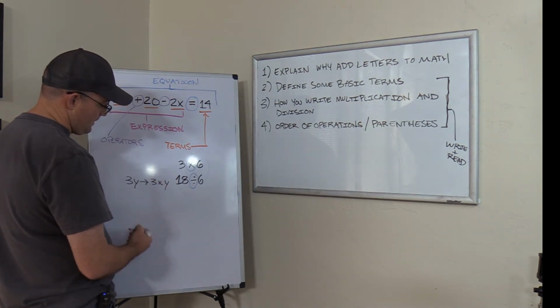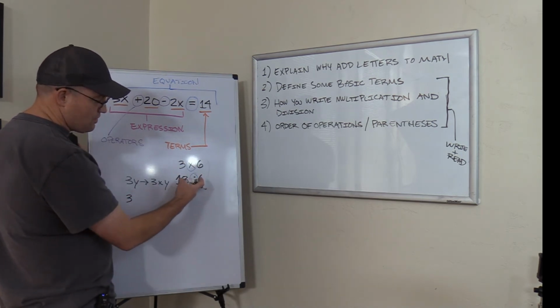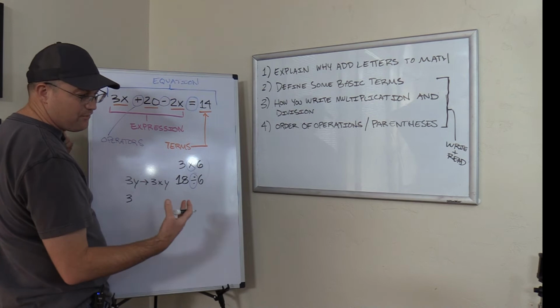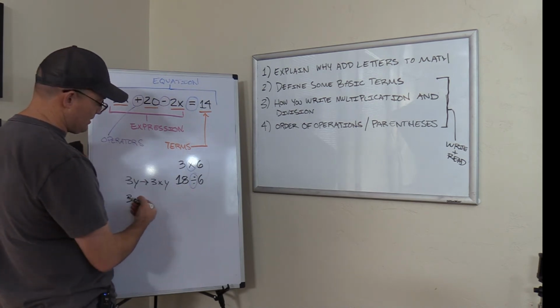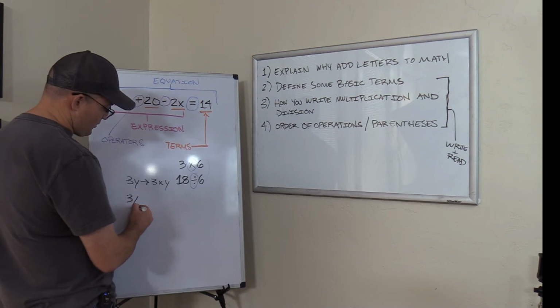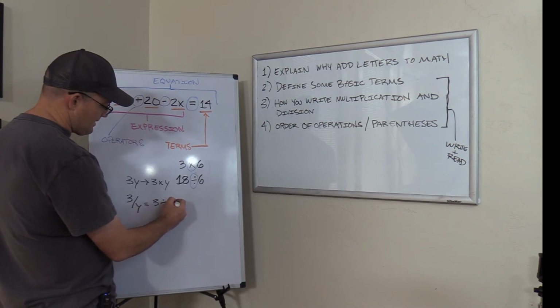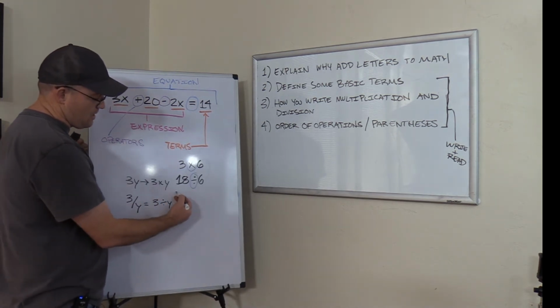Okay. And then in algebra, we always show division as a fraction, because that's what a fraction is. A fraction is another way to represent division. So in algebra, 3 over y just means 3 divided by y. That's how you write it in elementary school or junior high.